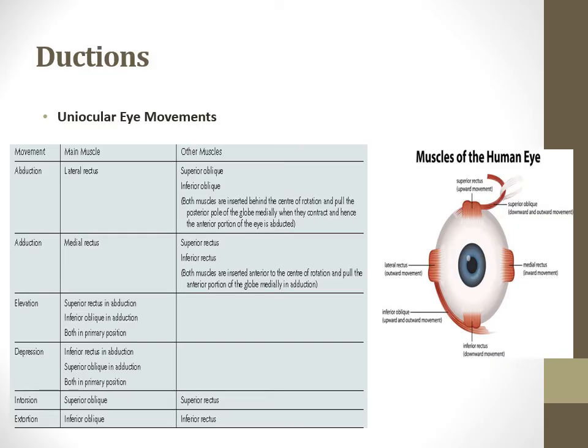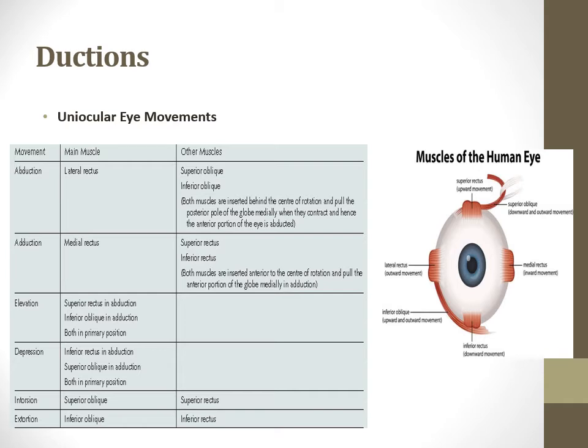Now the movements of the extraocular muscles, the eye movements. Eye movements can be uniocular or binocular. The uniocular eye movements are called ductions. It can be medial movement, lateral movement, superior movement, inferior movement, or intorsion or extorsion.